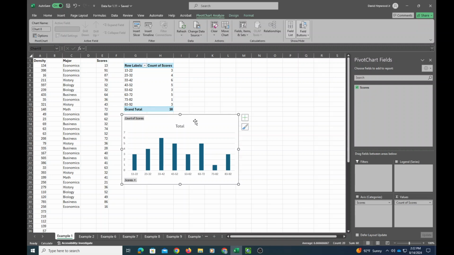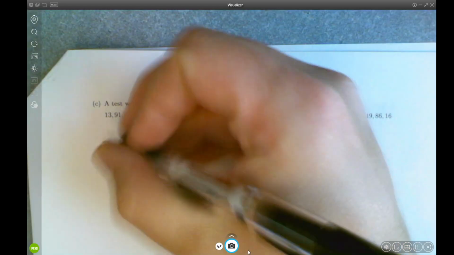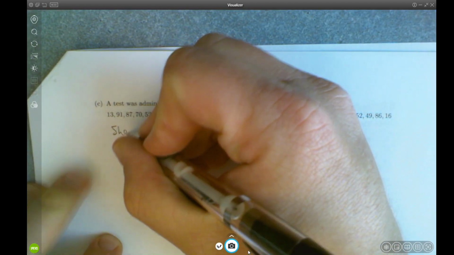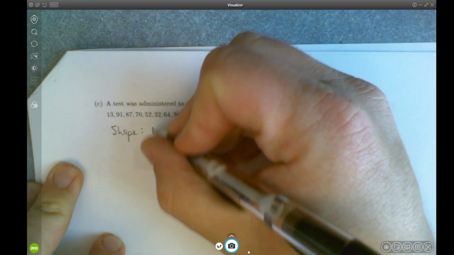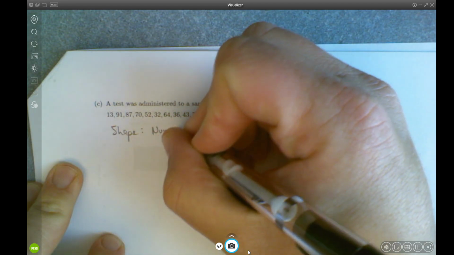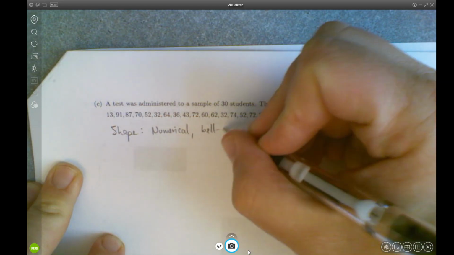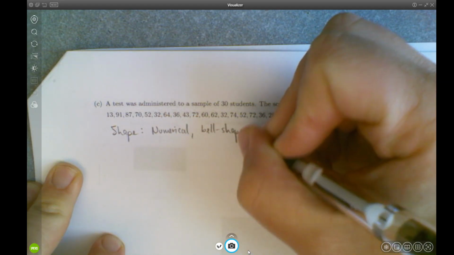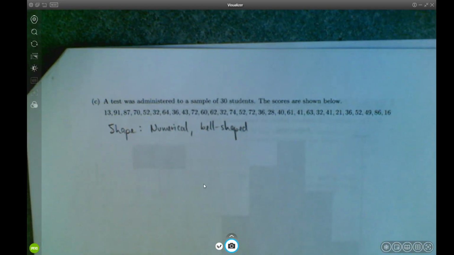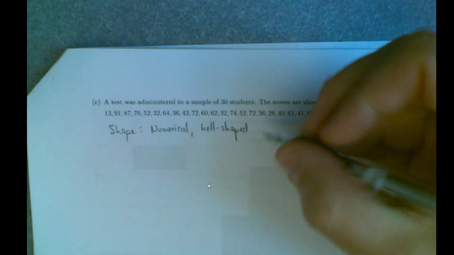Let's write that down. So as far as the shape is concerned, this is numerical data, and it's bell-shaped. In other words, it's a symmetric distribution, right?